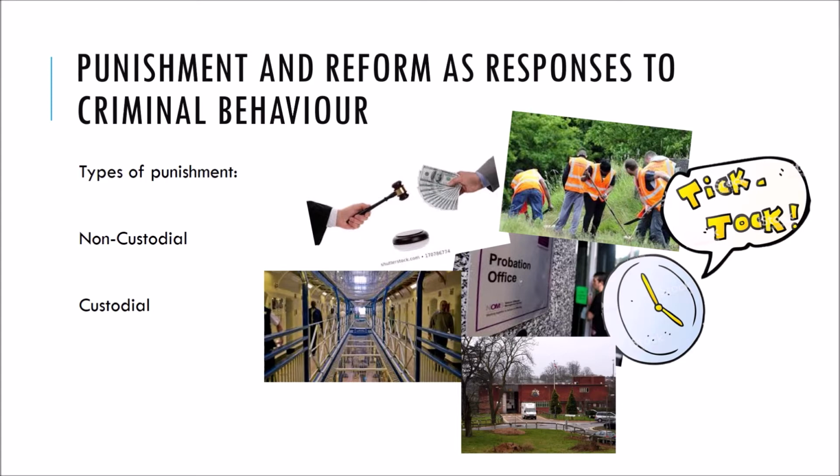So for example, if we found you guilty of handling drugs or something like that, they might give you a suspended sentence, and you won't go to prison providing that you're not caught in relation to any other crimes within the next 12 months, let's say. And if you are, then at that point you would be sentenced to a custodial sentence.